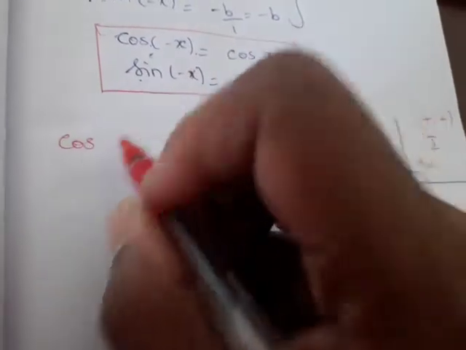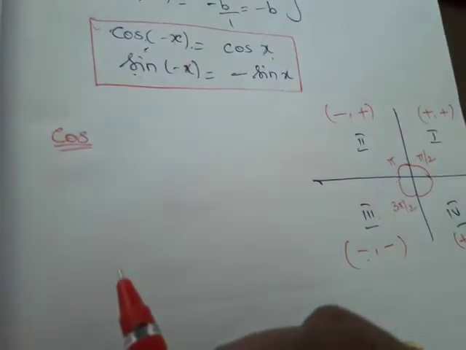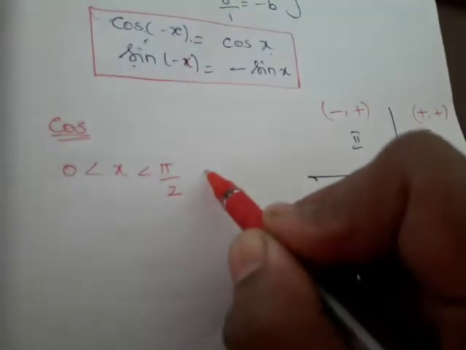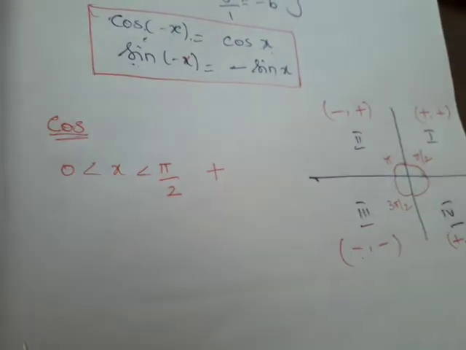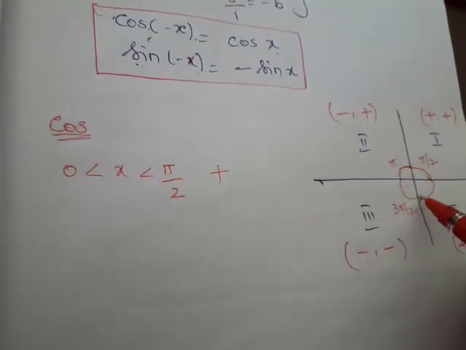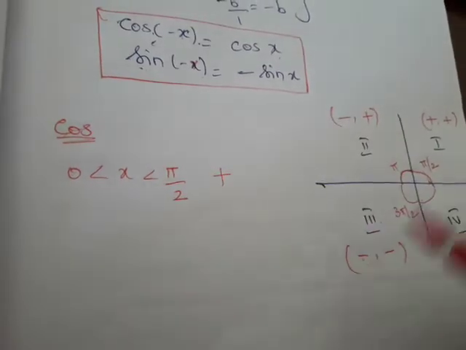Yes, so what are all the signs of cos now? Cos value, what happens from 0 to pi by 2? 0 less than x less than pi by 2, it is positive. And from pi by 2 to pi until 3 pi by 2, it is negative.